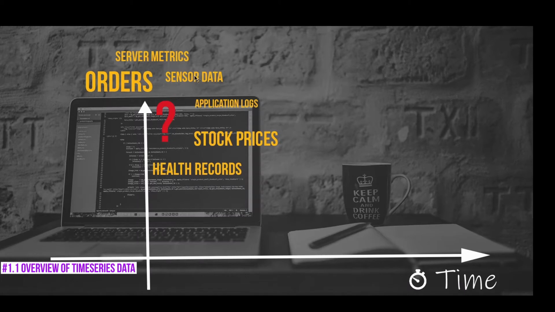You can also capture sensor information or application logs, for example, user login information, or if you have an incident management system, you might have high priority incidents, low priority incidents, incident open time, close time, and all that. So that also corresponds to time series data. Even in the financial space, if you want to track the price of a stock or security at different points in time, just like how we have candlestick data, that also represents time series information.